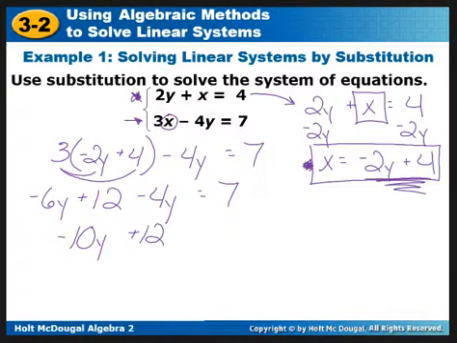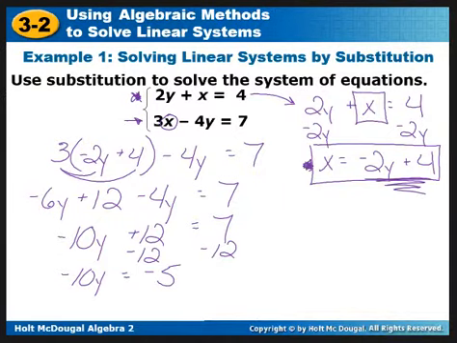Still have plus 12, and that equals 7. If I subtract 12 from both sides, because I'm trying to isolate the variable, I get negative 10y equals negative 5. Last step, I have to divide, or do the opposite, and I'm going to end up with y equaling 1/2.